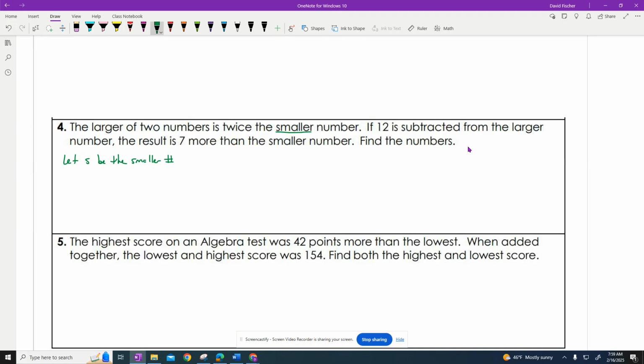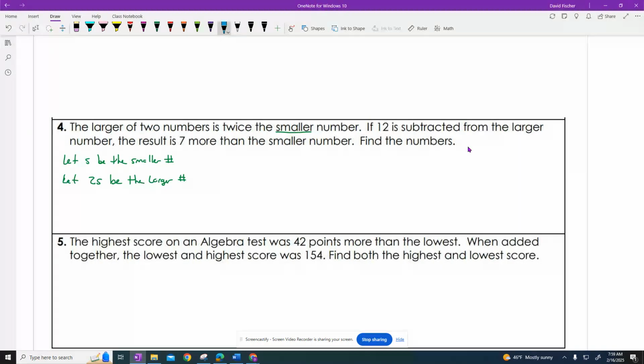The larger of the two numbers is twice the smaller number. Let twice the smaller number, so that's going to be 2 S's, be the larger number. We're going to get a little bit more complicated here. Let's see what the rest of this problem says.